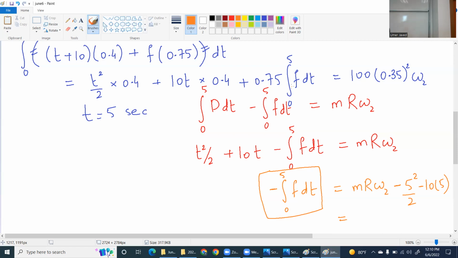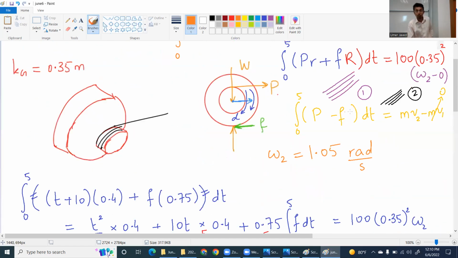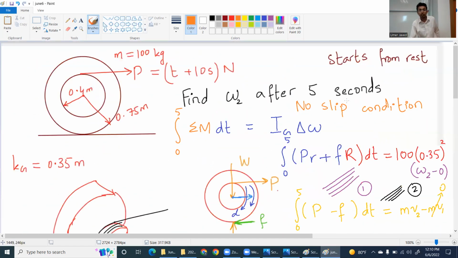Good. Yes. Ahmed, Mehmet proposed a question. So V2 is the velocity of the center, right? Is that true? Yeah, I can double check for you. Yeah, capital R is 0.75. So V2 will be this velocity of center, for sure.